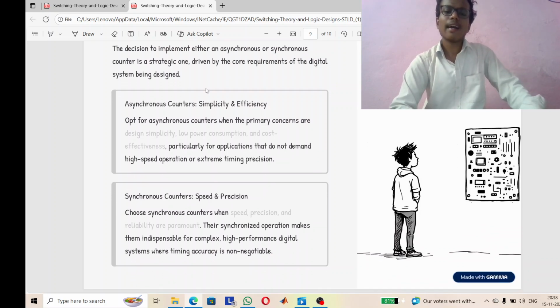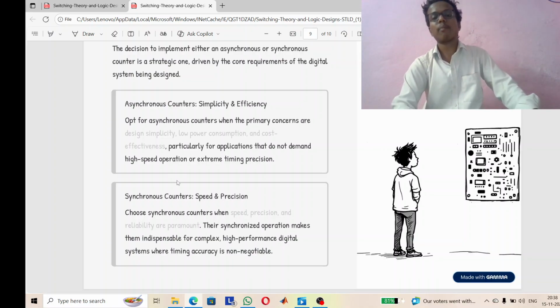For asynchronous counters: simplicity and efficiency. Optimize for asynchronous counters where the primary concerns are design simplicity, low power consumption, and cost effectiveness, particularly for applications that do not demand high speed operation or extreme timing precision.